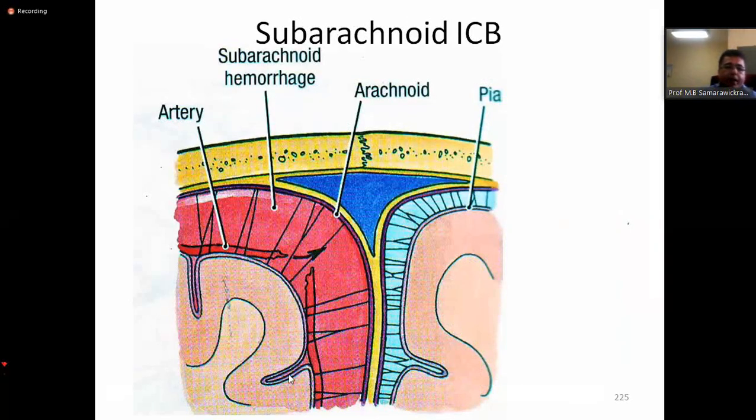Then you get subarachnoid hemorrhages, where there is bleeding within the subarachnoid space. This is due to injury to cerebral arteries. This is not due to trauma, but can occur due to rupture of an aneurysmal blood vessel within the circle of Willis.